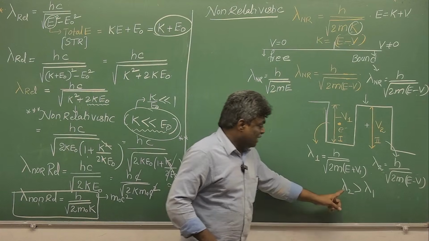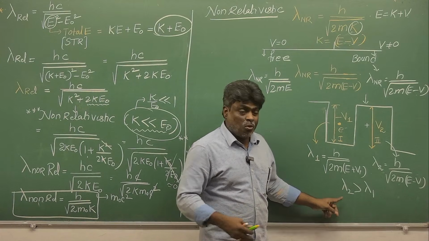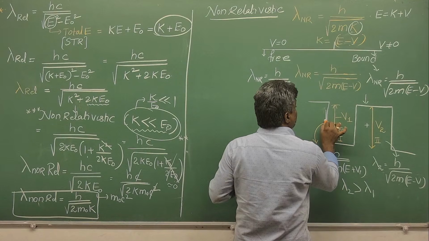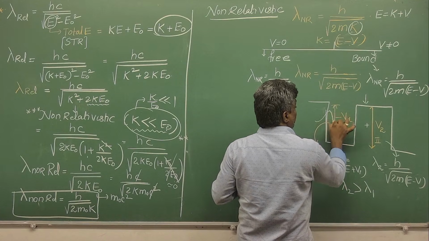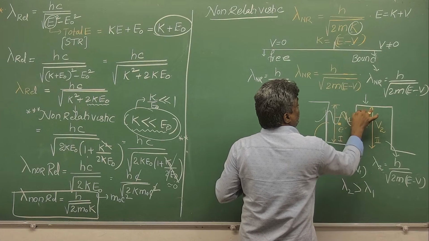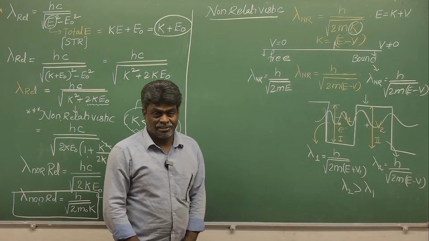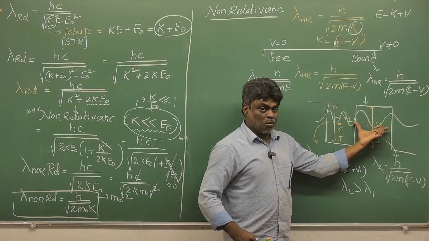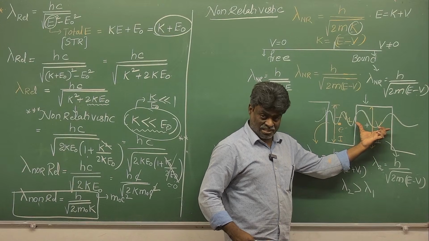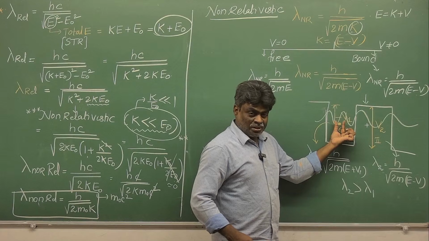In region 2 the wavelength is more, and in region 1 the wavelength is smaller. Wavelength more means less energy. Wavelength less means more energy.